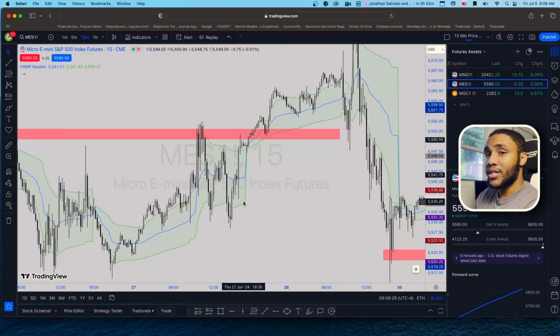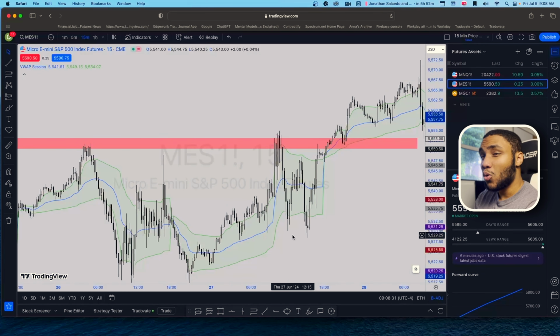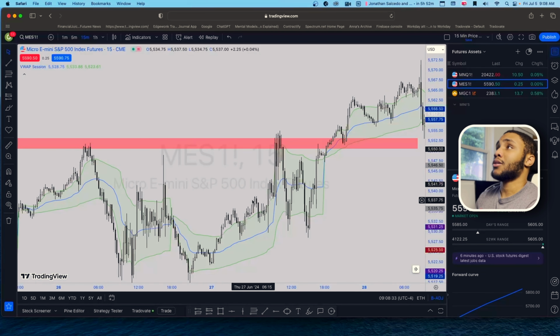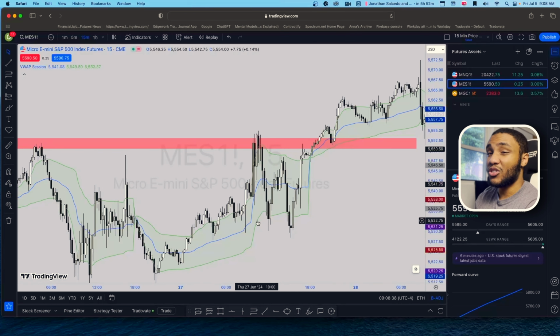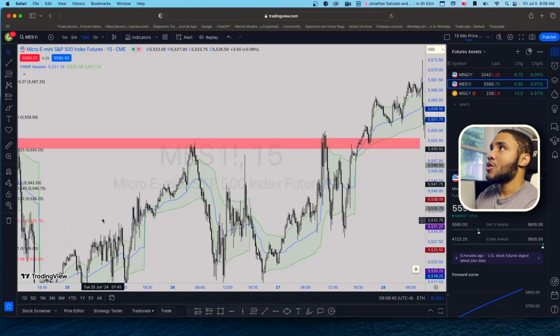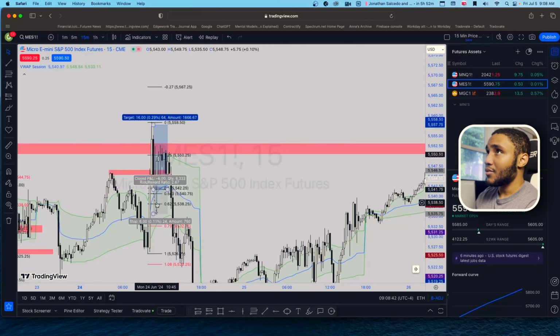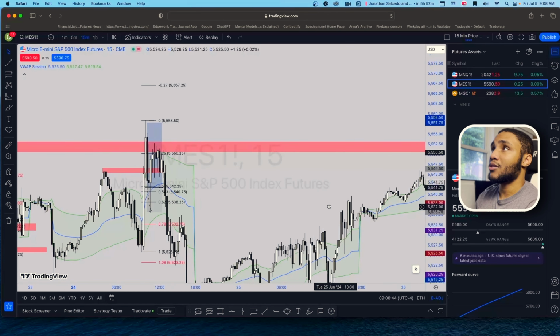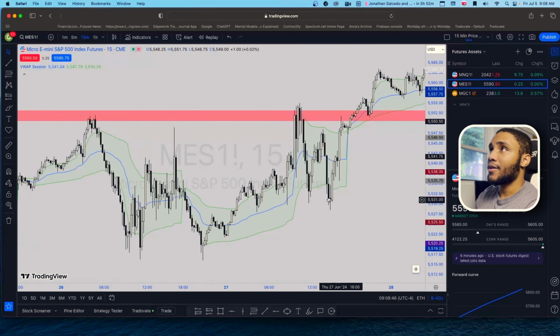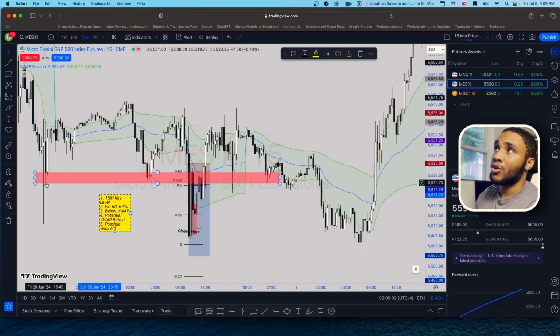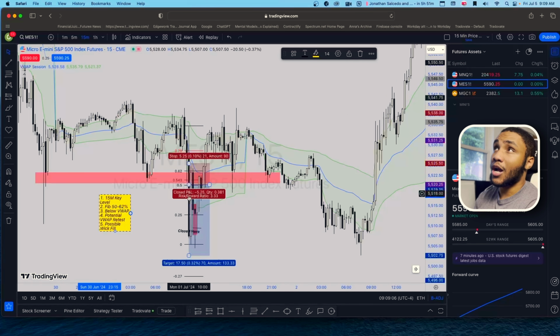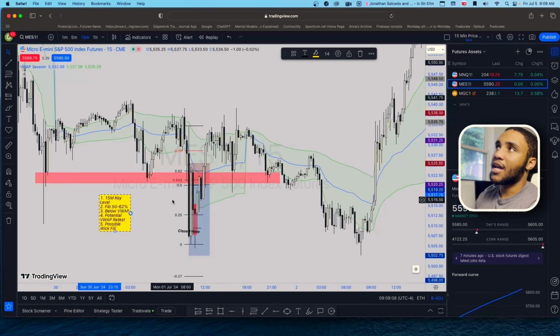The second confluence that I use, which is by far the most important one, is market structure. Now, I use key levels in markets to determine where the retracement may end as well too. So let's say, for example, in a trade that I actually took, which was this one right here, I like to see some type of structure I can use on the 15-minute as a key level.